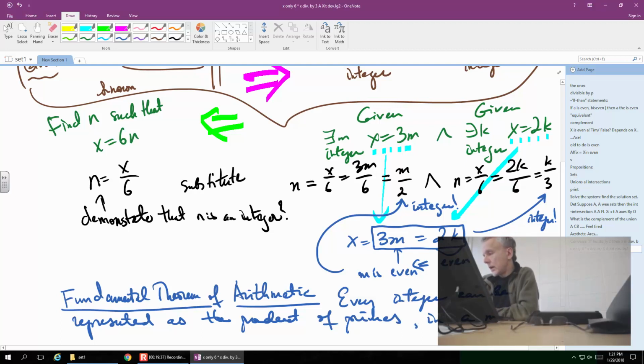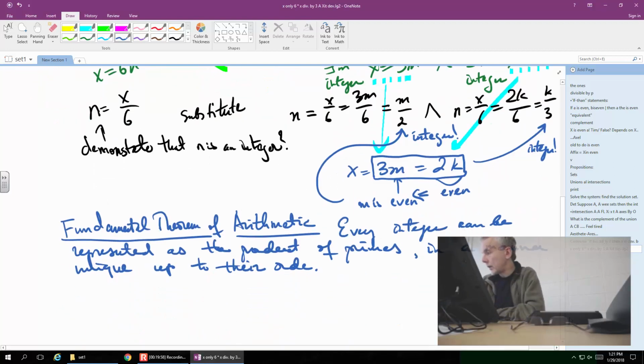In a manner unique up to an order, or the order of the factors after their order. Okay, so very helpful theorem. We might prove it at some point.